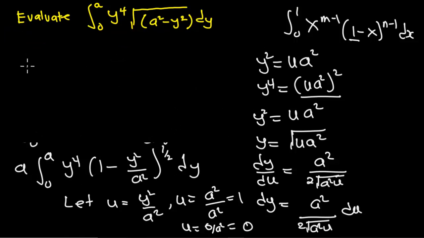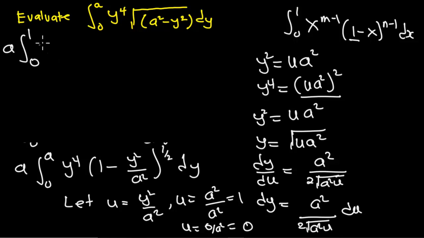Now from here we are going to have a multiplying the integral from, now when y was 0 we had u to be 0, and then when y was a we had u to be 1. Now we are having y to the power 4, which we expressed as what is over here.